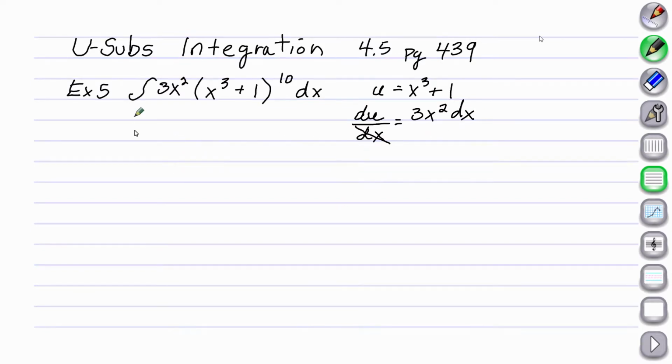So if you notice now, I'm going to rewrite this as x cubed plus 1. You don't always have to do this, but when you're starting out, it might not be a bad idea. So this expression right here, let me circle this with red. Oh, I forgot my power. We need the 10 up here.